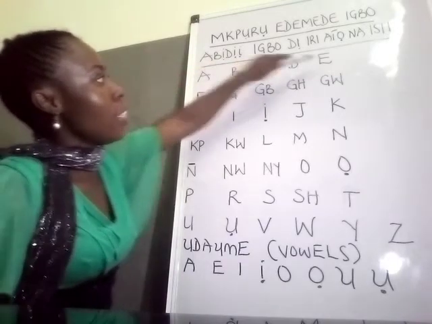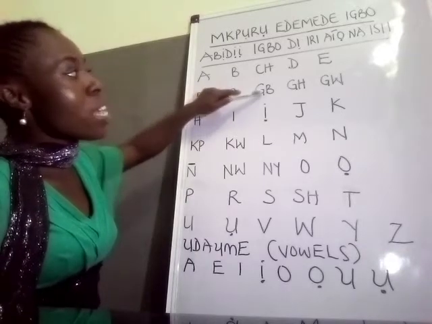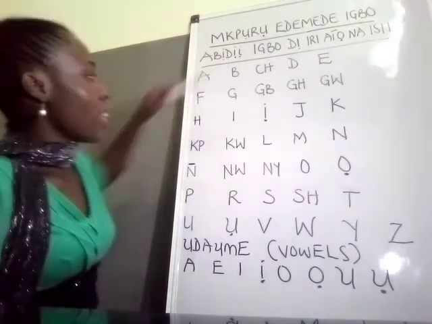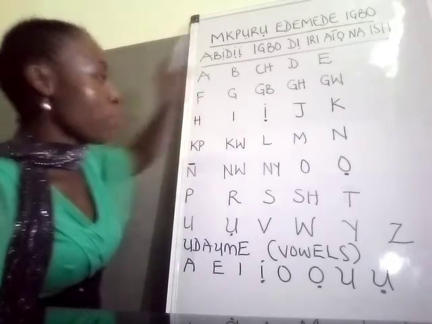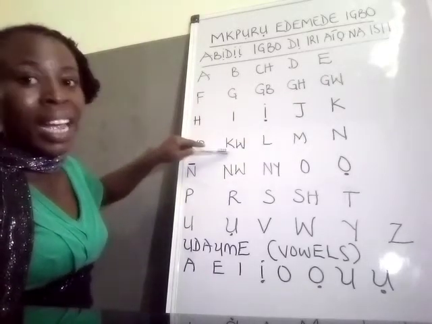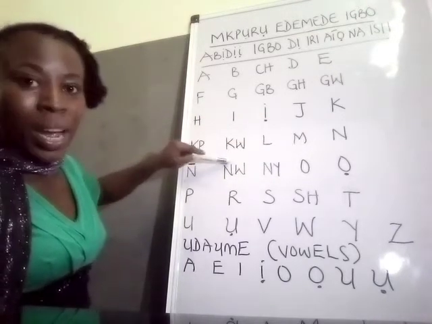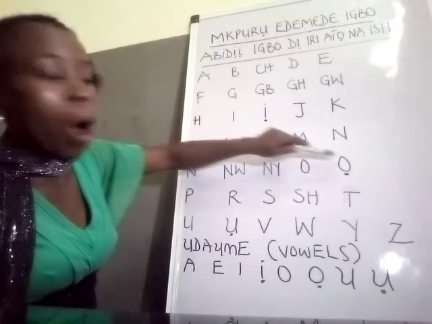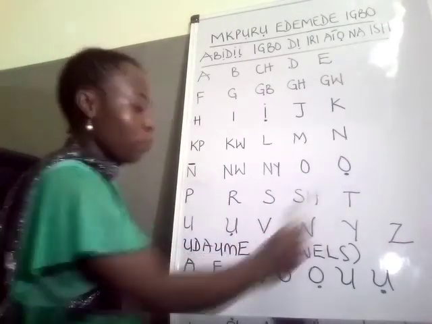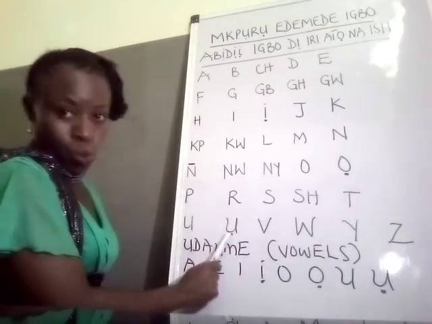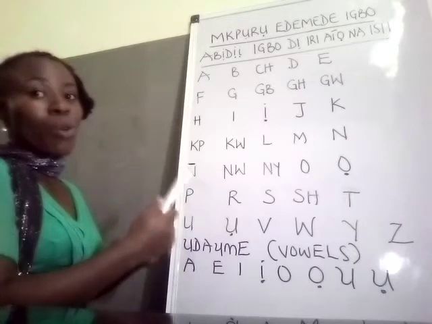A, B, C, D, E, F, G, H, I, J, K. Mkpuruedemede Igbo. Watch this. I'm going to go over them one after the other.